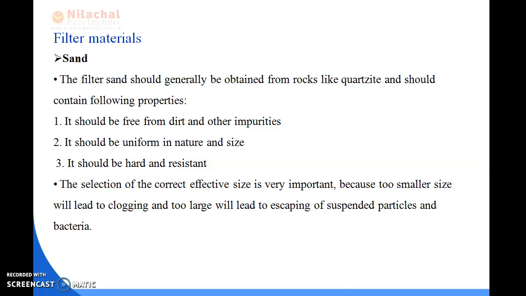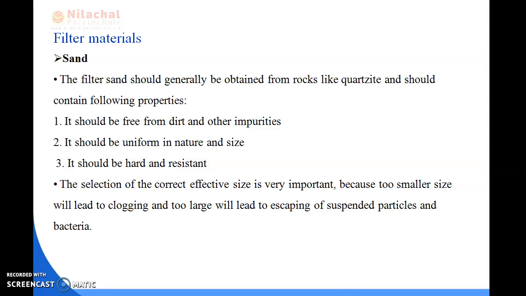So the filter sand is mainly obtained from rocks like quartzite and has several properties. What are the properties? It should be free from dirt and other impurities. It should be uniform in nature and size. It should be hard and resistant.